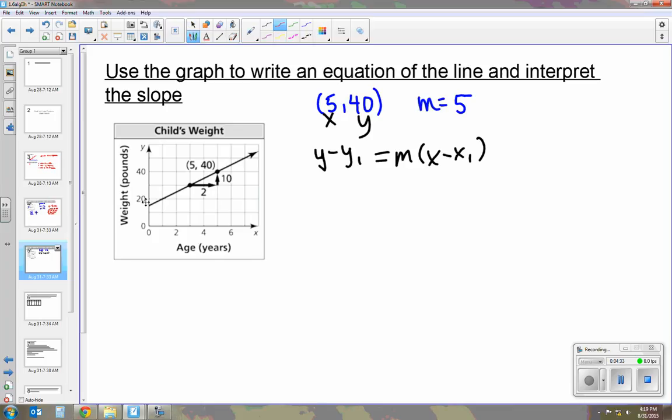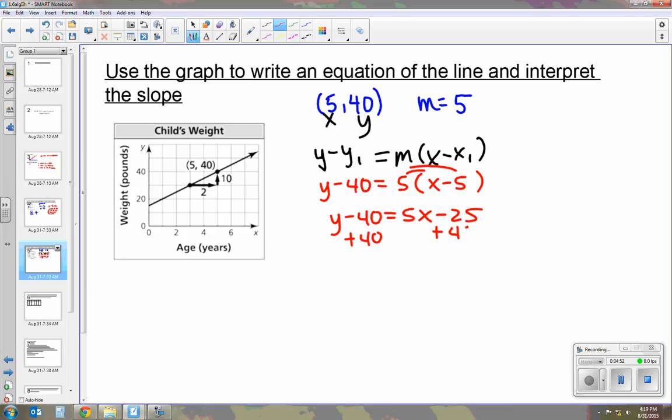So we can label the point x and y, and we can plug this in and solve for slope-intercept form. All right, so we can do y minus 40 equals 5 times x minus 5. Distribute. Add the 40. And our equation is going to be y equals 5x plus 15. And if we interpret the slope, this is a child's weight, okay?